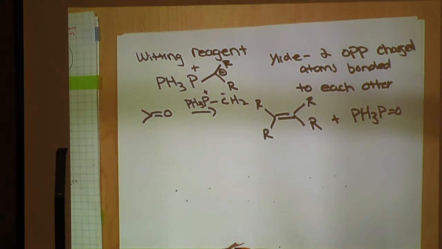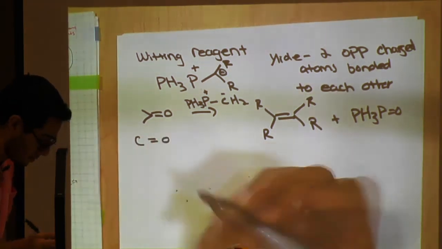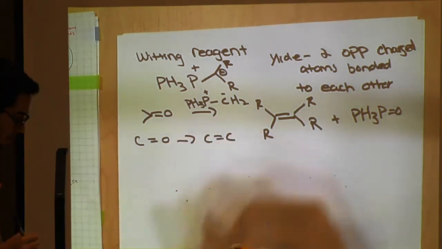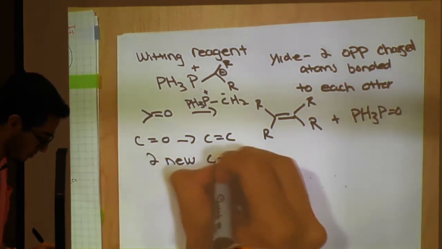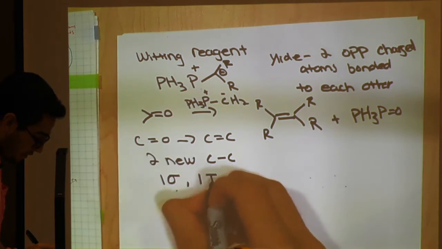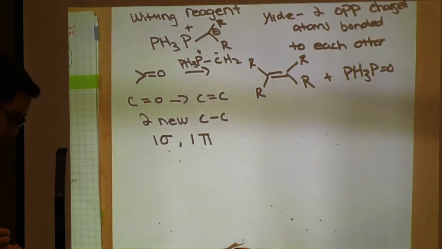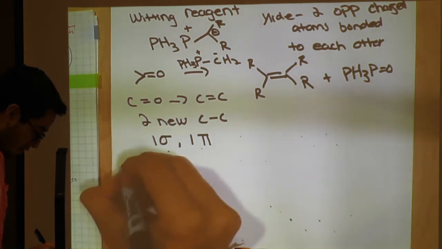This is how it pretty much breaks down. And so we're converting a C double bond O, the carbonyl, to a C double bond to C, which creates two new carbon-carbon bonds, one new sigma and one new pi, right? And so if we actually look at how that mechanism proceeds, we look at it.